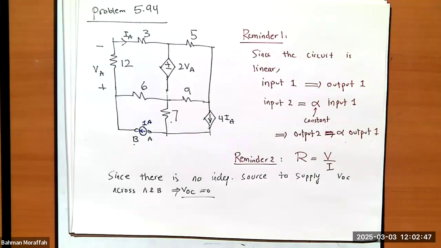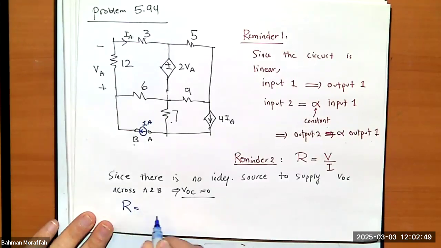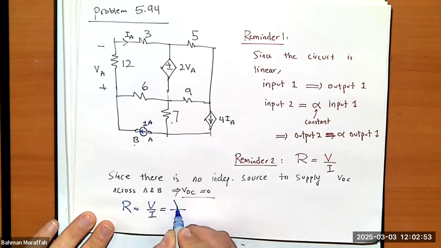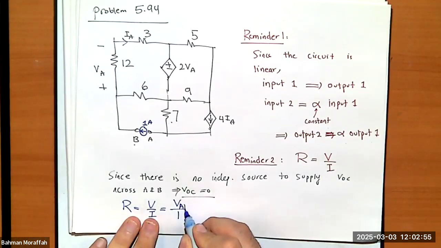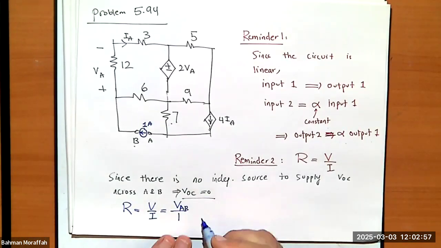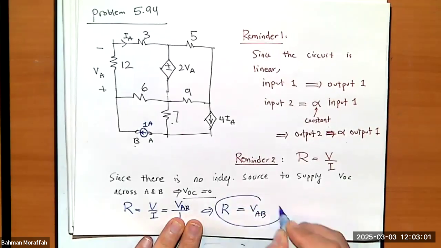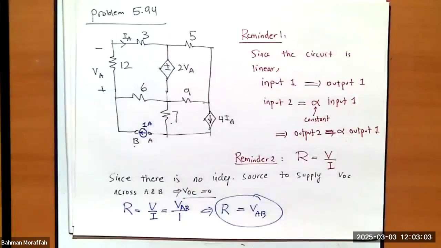Because I stick that 1 there, I know R is V over I. I know I is 1, so I just need to find VAB. Therefore, my R is VAB. Right? And finding VAB is not a very difficult thing. I just need to write a bunch of KVLs. I can do mesh analysis. Right? So I can find VAB exactly.